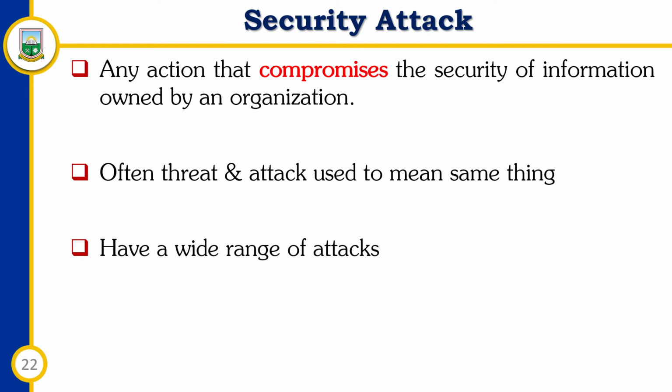It could be what we call passive, and it could also be active. I'm talking about security attack being in the form of passive or in the form of active. There are a lot of security attacks available, and we can carry out these attacks in a way that could be passive or maybe active.